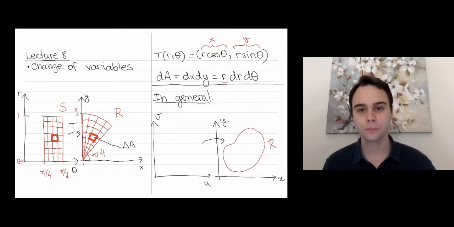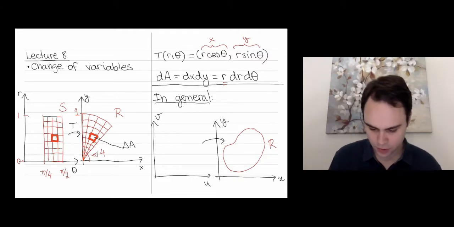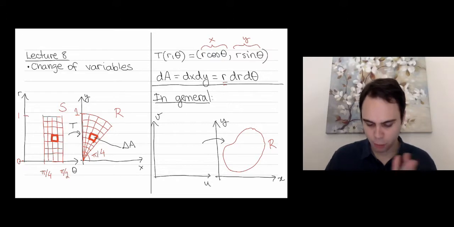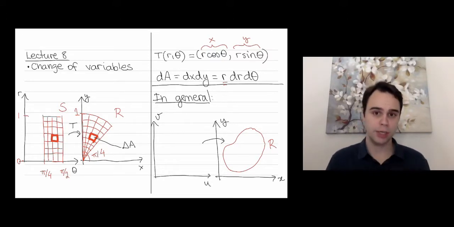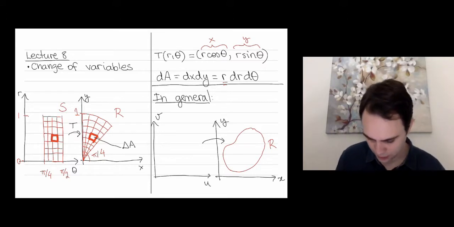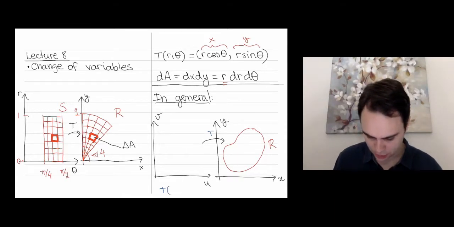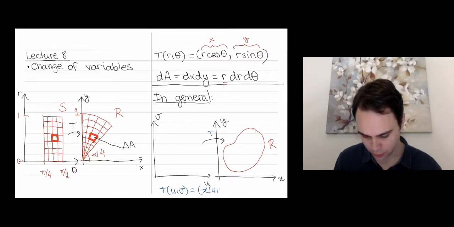To say that u and v are coordinates on the xy plane, I have to tell you what's the point in the xy plane corresponding to a point in the uv plane given u and v. So this is going to be a map, a certain transformation T from the uv plane to the xy plane. If you know u and v, it should tell you the corresponding x coordinate and y coordinate.